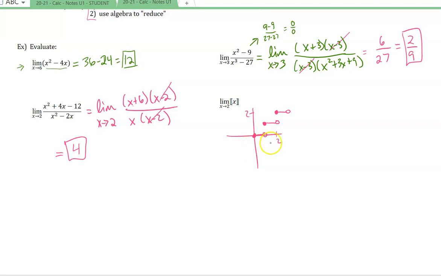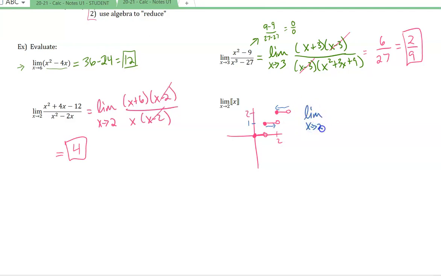But what I can see here is as x approaches 2 from the left, the limit would be 1, and from the right, the limit would be 2, meaning that the limit from the left and the right is not the same.